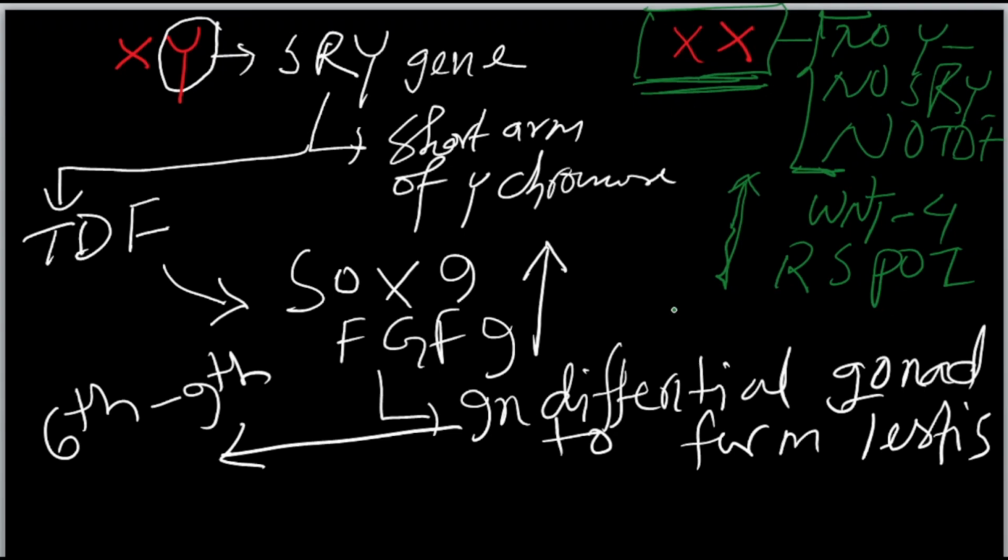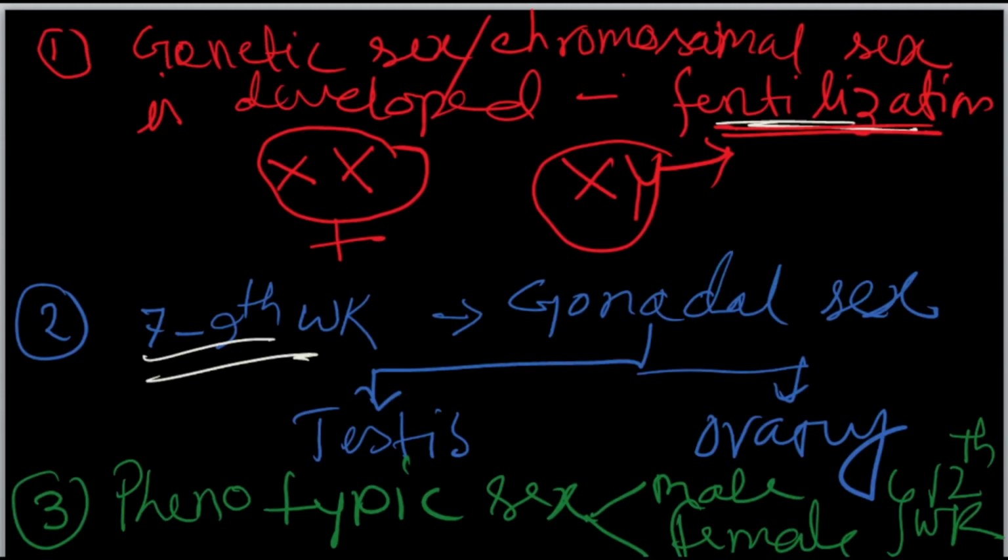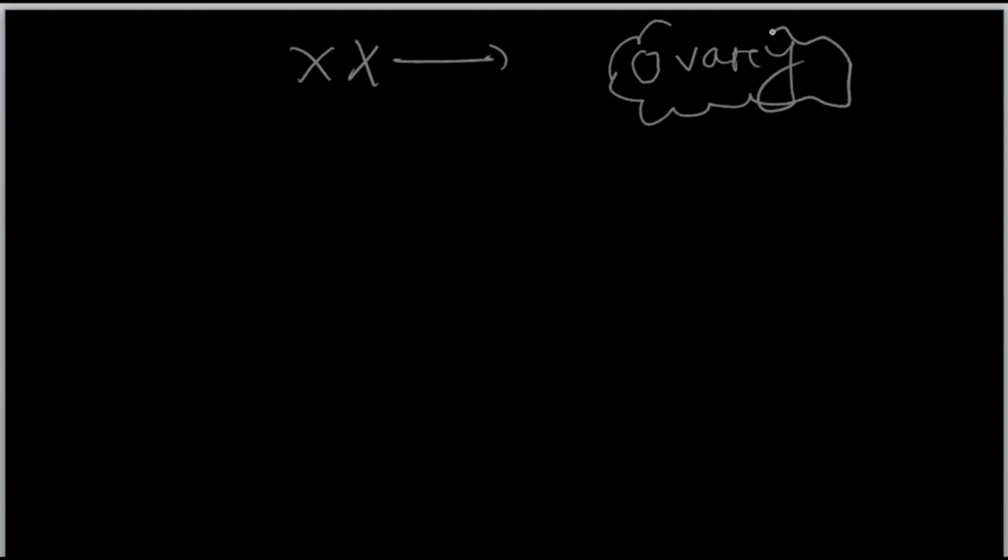With absence of Y, TDF and other hormones, the indifferent gonad develops into ovary.